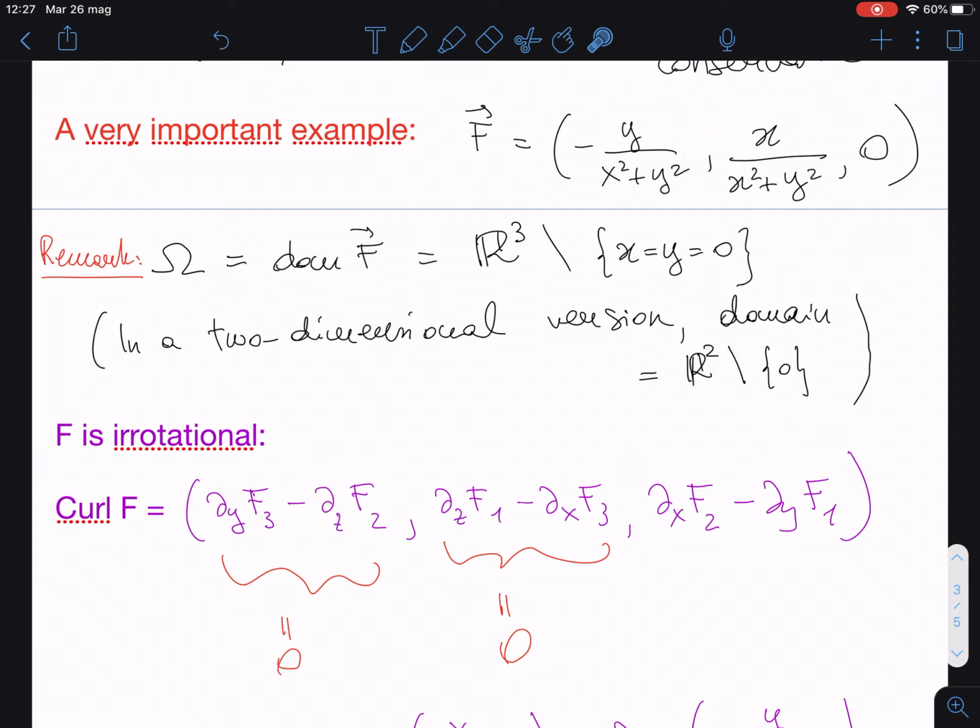Since in f2 there is no z, also this is equal to 0, and all this component is 0. The second component, so to say the y component, dz f1 minus dx f3, this turns out to be 0 too, in perfect analogy with the previous one, for the same reasons. It remains the third component of the curl of f.